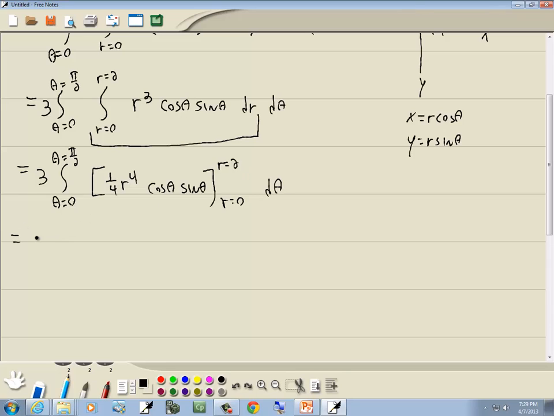Now the 1/4 I can put clear out in front. The cosine theta, sine theta I can put out in front of the brackets. So we've got cosine theta, sine theta, and then r to the fourth from r is equal to 0 to r is equal to 2, d theta.